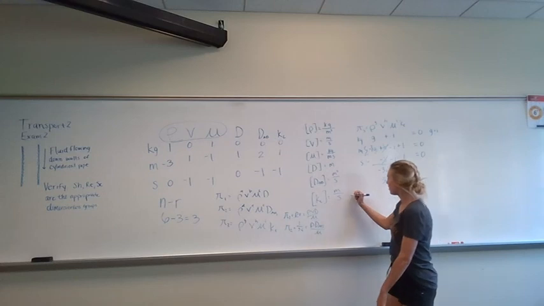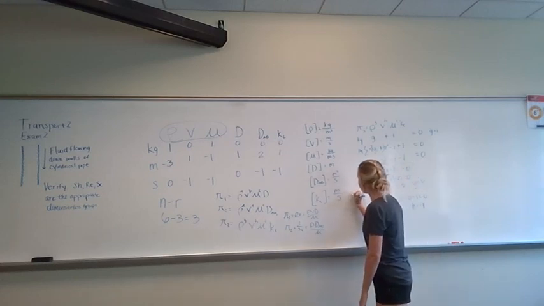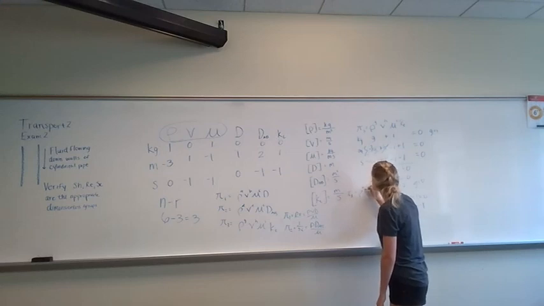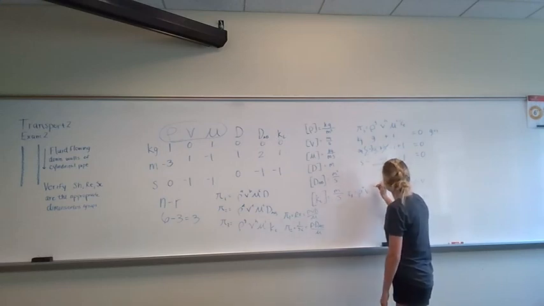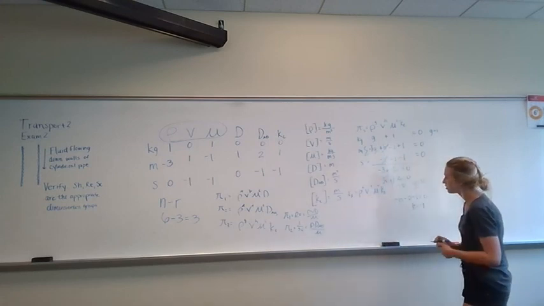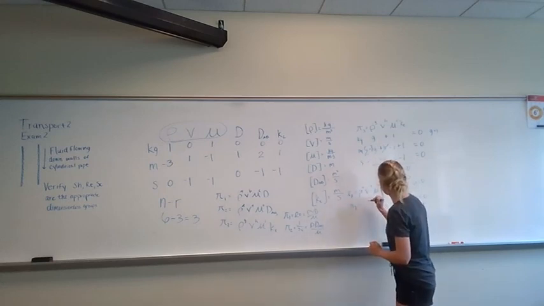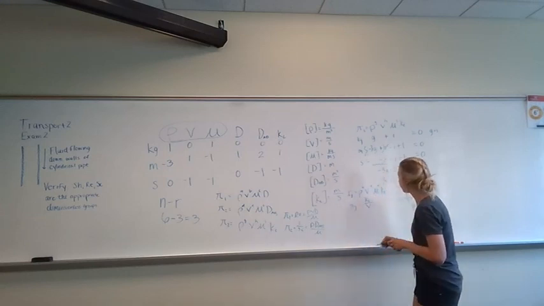So when we rewrite this equation, we get pi3 is equal to rho to the 0, velocity to the negative 1, viscosity to the 0, and the mass transfer coefficient Kc to the first. So we get pi3 is equal to Kc over the velocity.